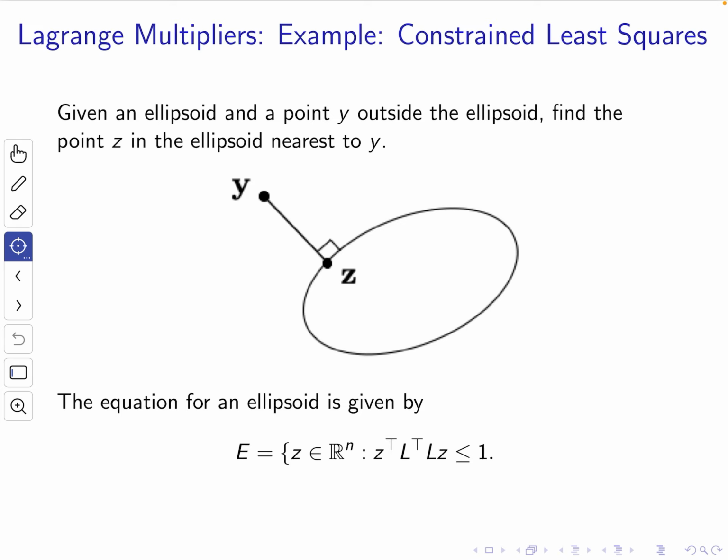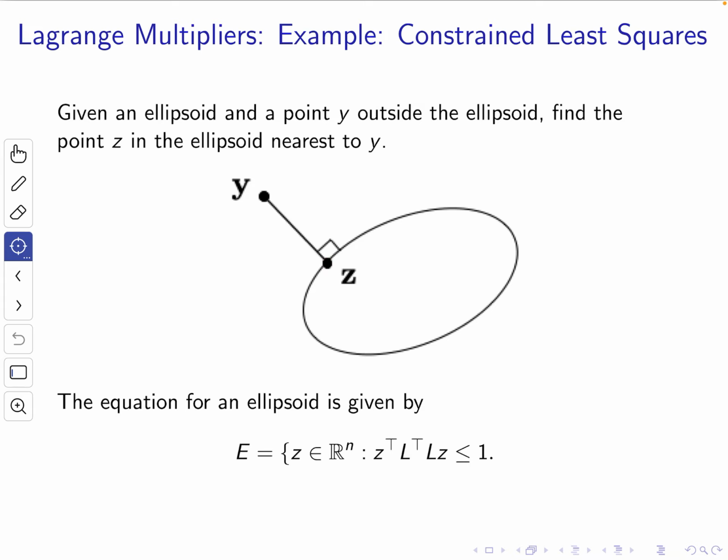Here's another example. Suppose I have an ellipsoid, and I have some point y that's outside the ellipsoid, and I want to find z in the ellipsoid that's closest to y. So given y and my ellipsoid, what is z that minimizes this distance?